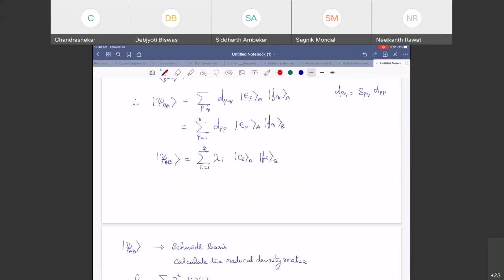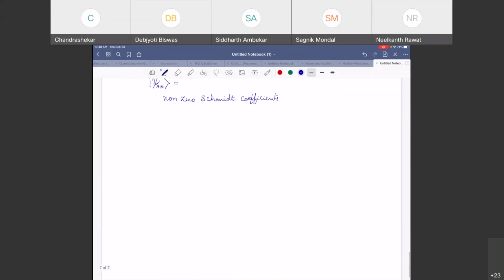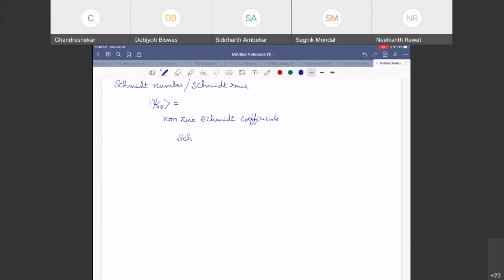We count the number of Schmidt coefficients, and that is called the Schmidt rank of the system.